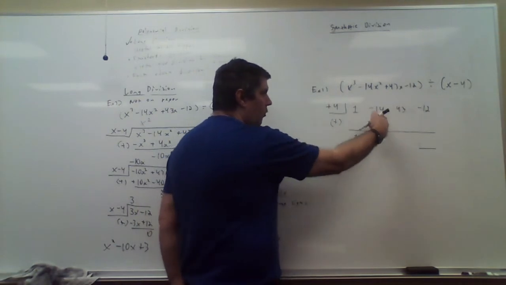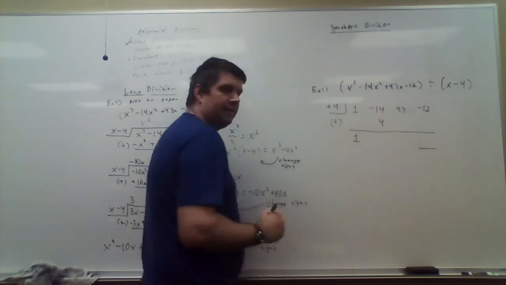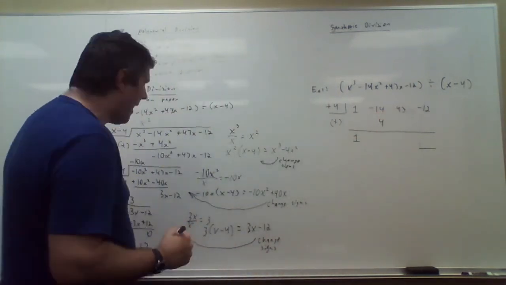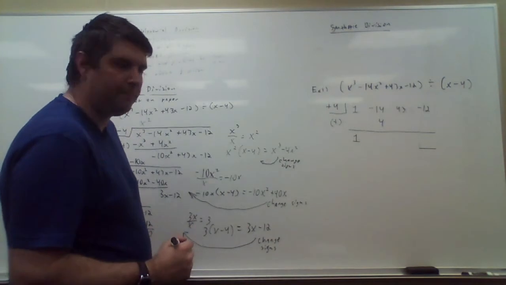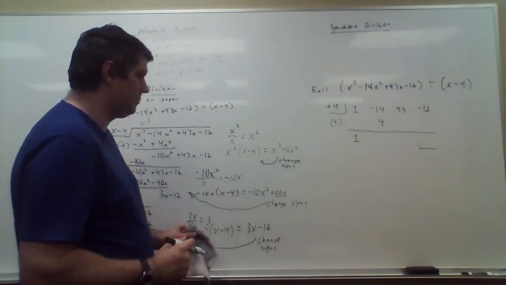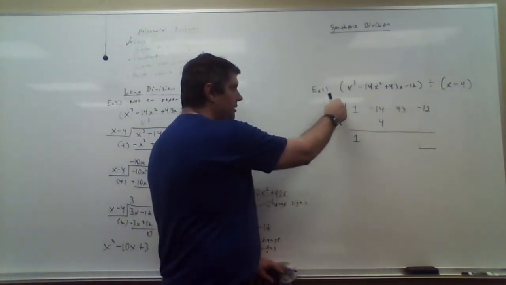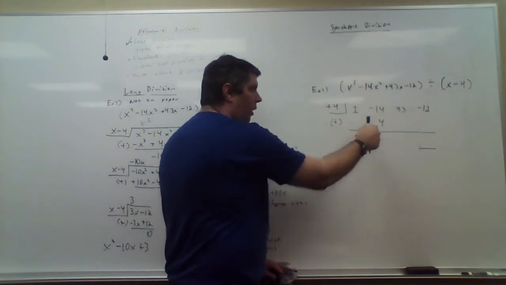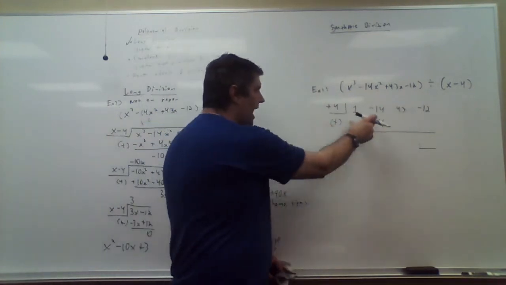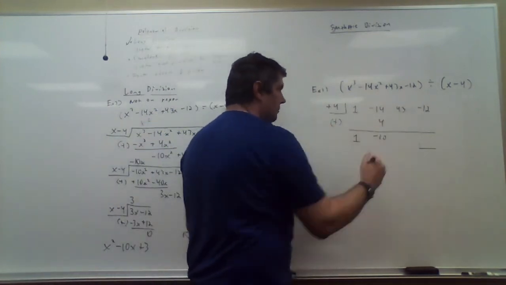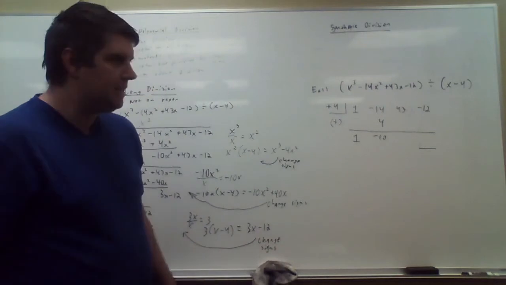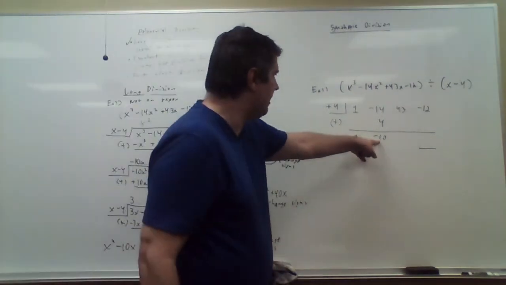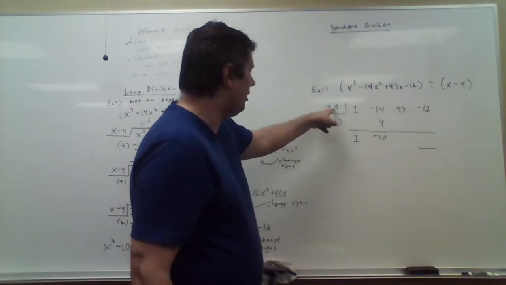4 times 1 is 4. Put that in the next column, the empty row. Think of it as bouncing. 4 times 1 is 4. Bounce 4. And then you will add these as negative 10. Next you will take that negative 10 times the positive 4.